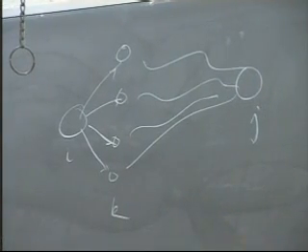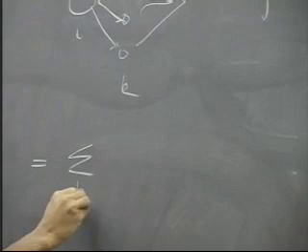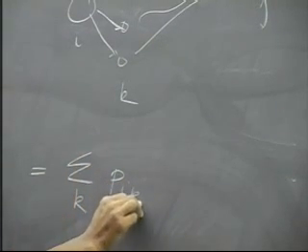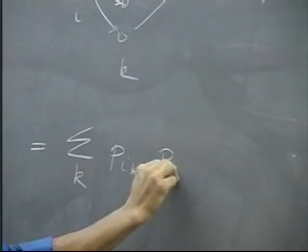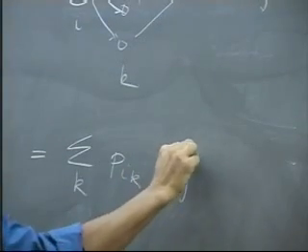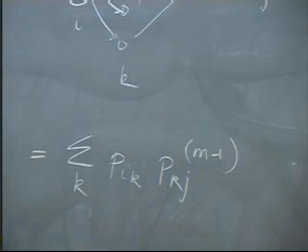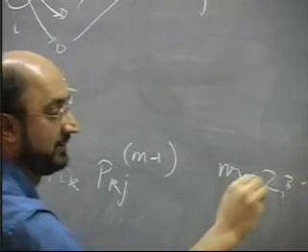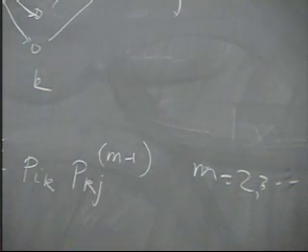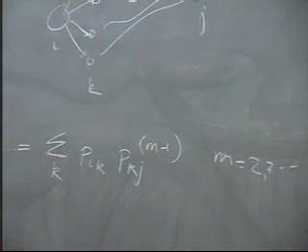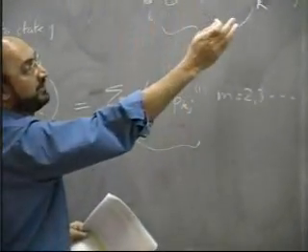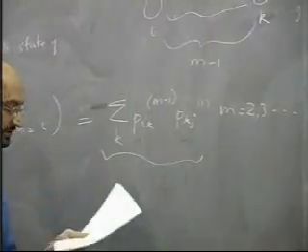It's going to be equal to the sum over k of p_ik times p_kj^(m-1), and so on. So here I'm saying you go m minus 1 steps and you make one last step over here.